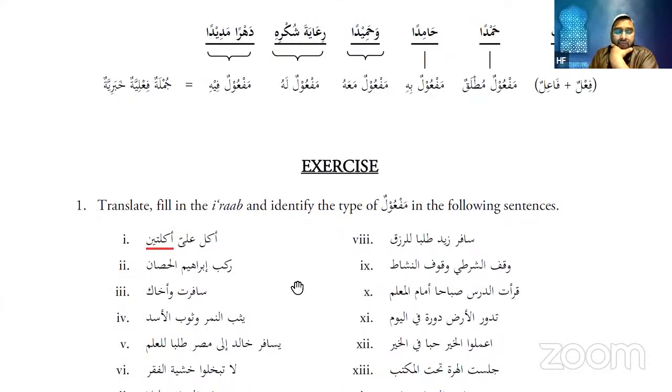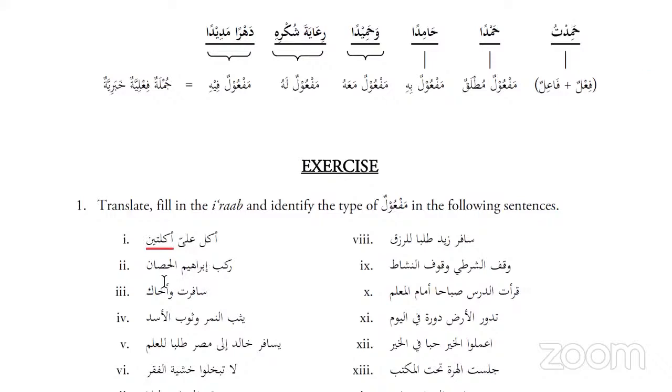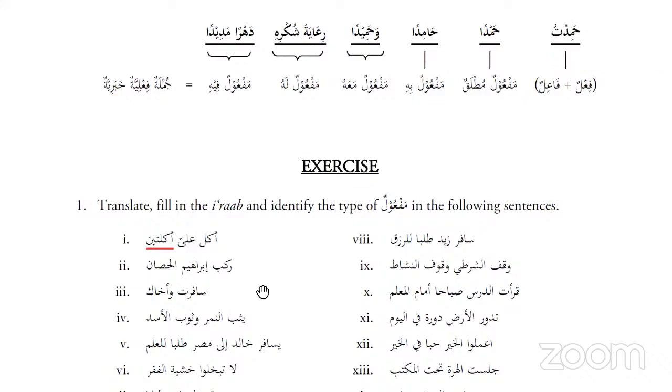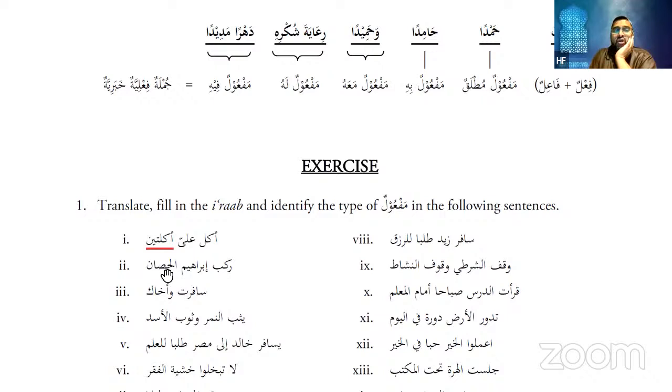So I'll read the Arabic for you. Rakiba Ibrahimu al-Hisana. So Ibrahim rode the horse. What type of maf'ul is this? This will be mutlaq as well. No, this is only he rode the horse.